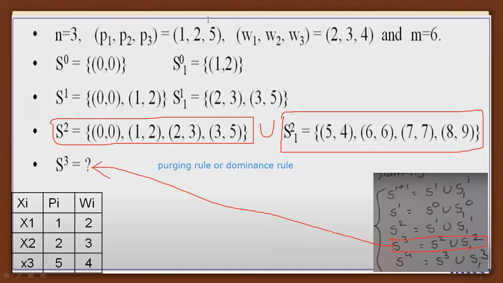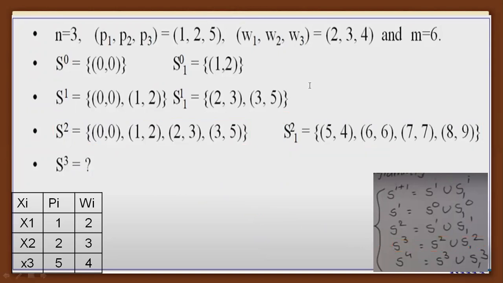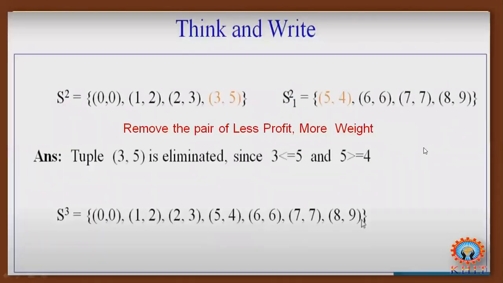Now we will see how to apply the purging rule in the next slide. So here, students, think once yourself and carefully observe the pairs of values of S^2 and S^2_1.